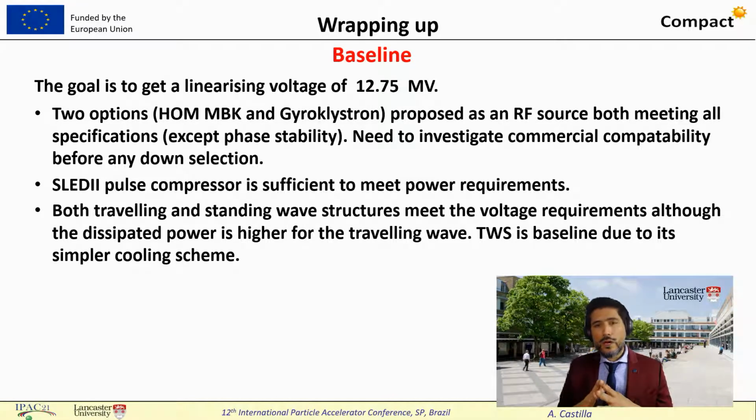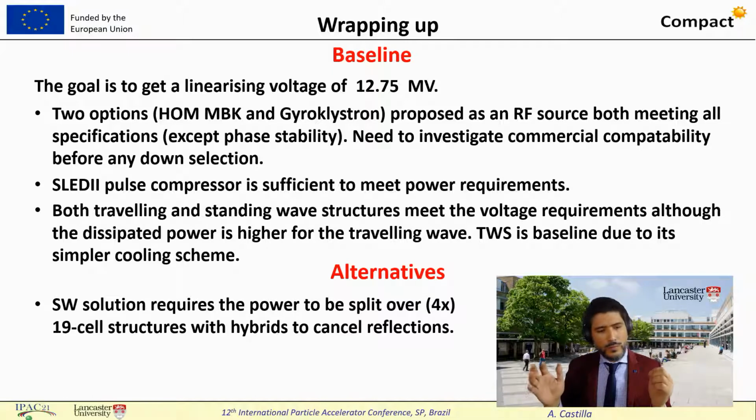We keep, however, the traveling wave structure as a baseline just because it's a slightly simpler design. We keep the standing wave structure as an alternative solution, especially for the partially filled scheme, having 4 structures of 19 cells that will be quite handy in case the power dissipation in the traveling wave turns out to be an issue, for example.